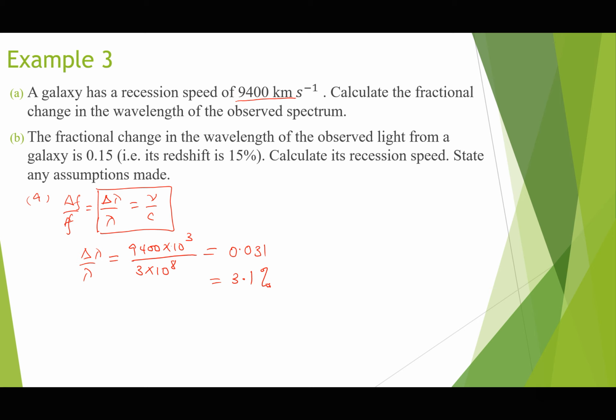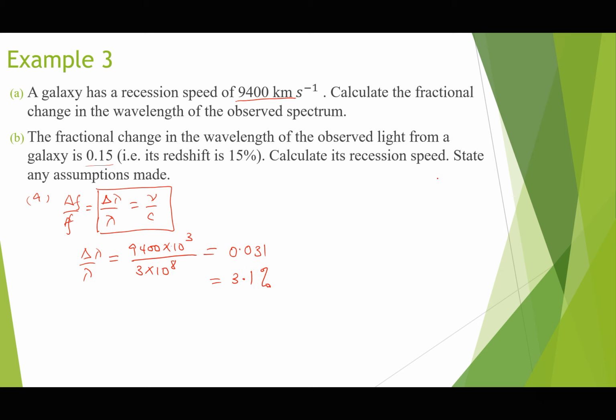Part B: the fractional change in the wavelength of the observed light from a galaxy is 0.15, which is the same as 15%, or we say its redshift is 15%. Whenever they tell you the redshift is this, that means that is the fractional change in either wavelength or in frequency. So calculate its rotational speed, and state an assumption made.